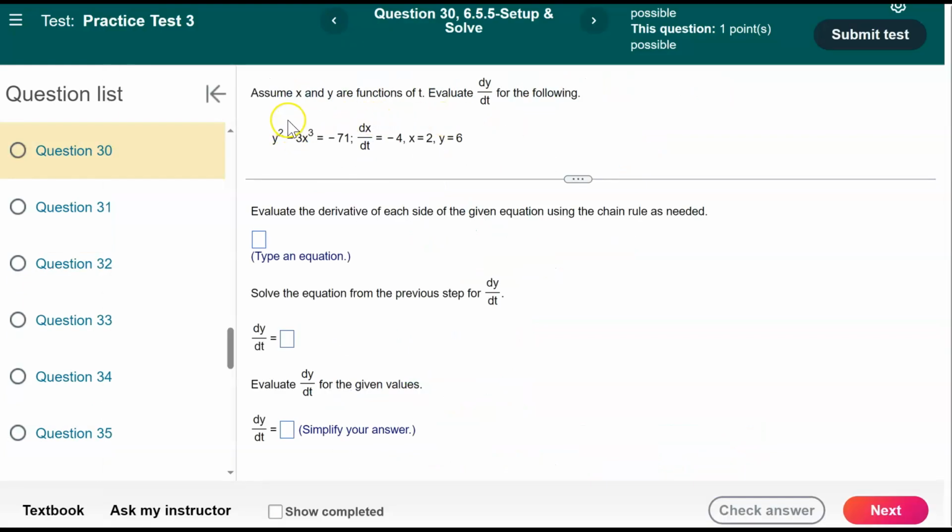Next number. Assume x and y are functions of t. Evaluate dy/dt for the following expression. So we are given here an implicit expression, and we are to find dy/dt, given that dx/dt is -4, x is 2, and y is equal to 6.